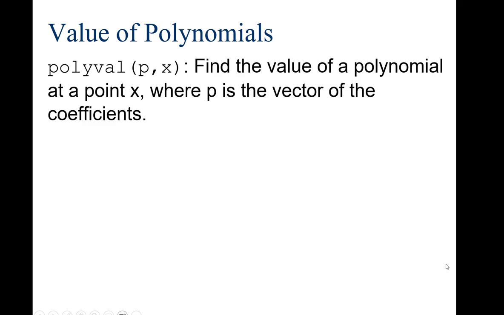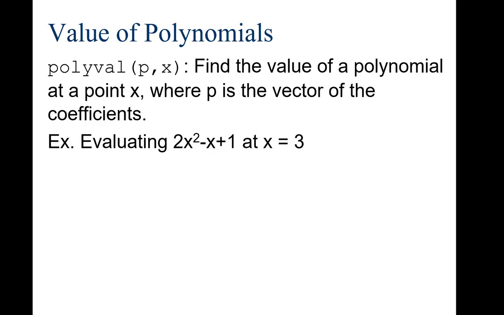One of the key functions that we're going to look at for Matlab is called the polyval function. Polyval takes in two inputs, p and x. In this example, p is going to be the vector of the coefficients within a polynomial, and x is what value of x we want to solve the polynomial for.